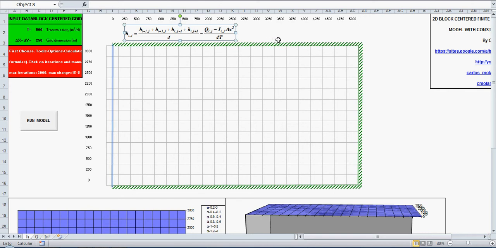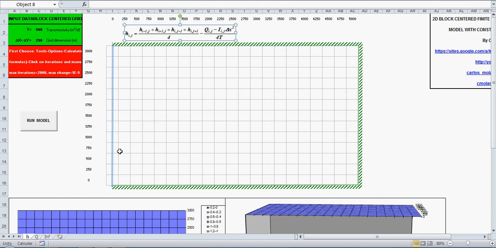It is slightly different from the previous mesh-centered grid model, and here the no-flow boundaries are located on the side of the block-centered cells. So here we have no-flow boundary, no-flow boundary, no-flow boundary, and constant head boundary.